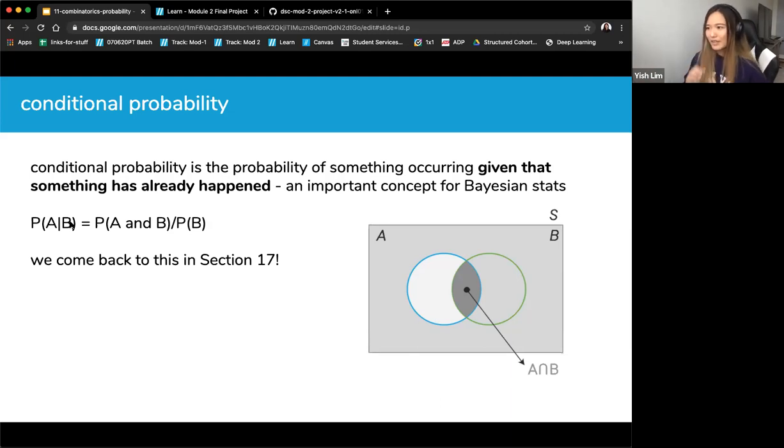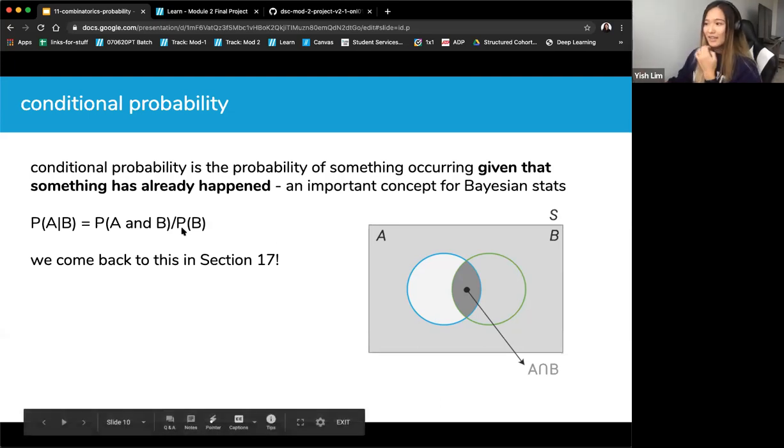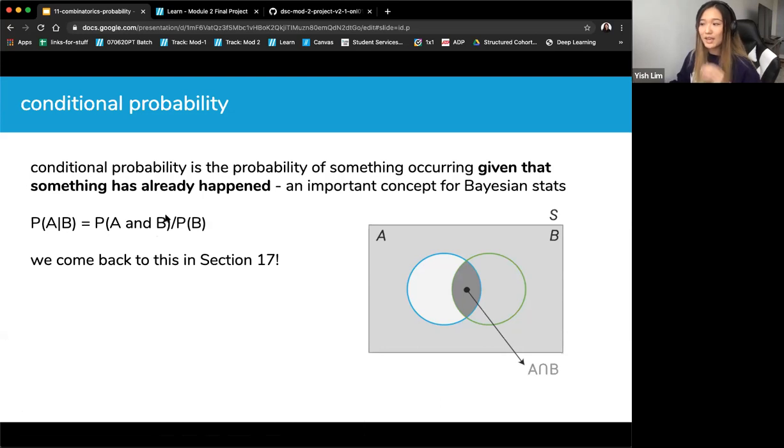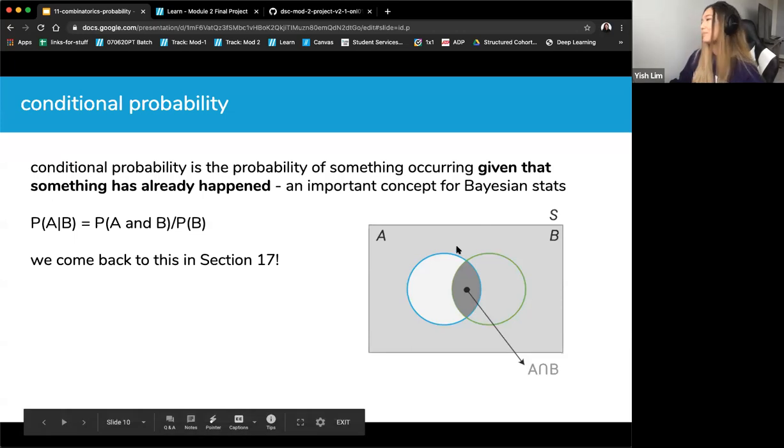But the idea is B is now our new sample space, and we just want to find the probability of A that is within B. So the formula to find the probability of A given B is the probability of both A and B over the probability of B. I'm going to explain it with this diagram, which I think is a little clearer.